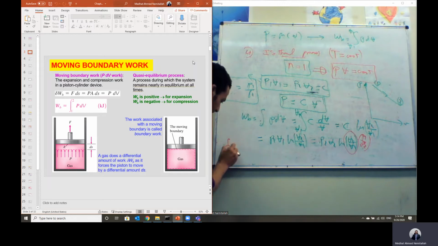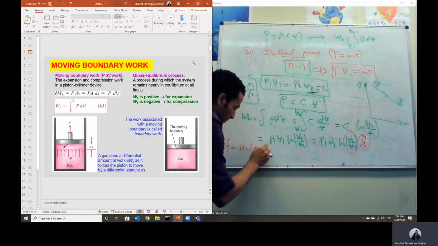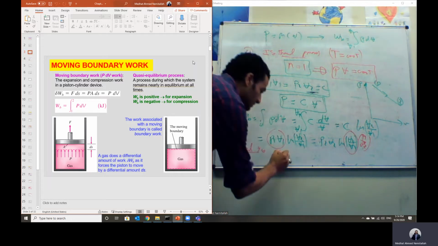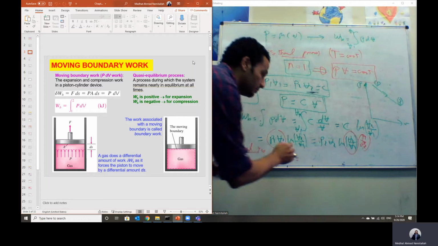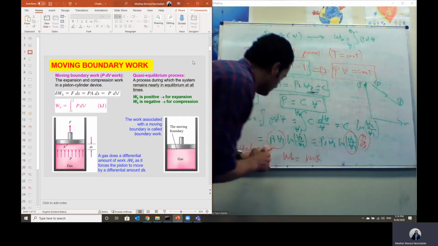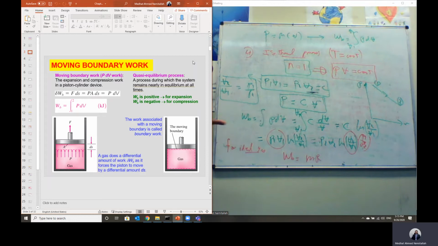And in case of an ideal gas, when we have an ideal gas, PV is equal to mRT, and in this case for the boundary work, we can also have this relation: P1V1 is mRT1, or P2V2 is mRT2, but T1 is the same as T2, the temperature is constant.